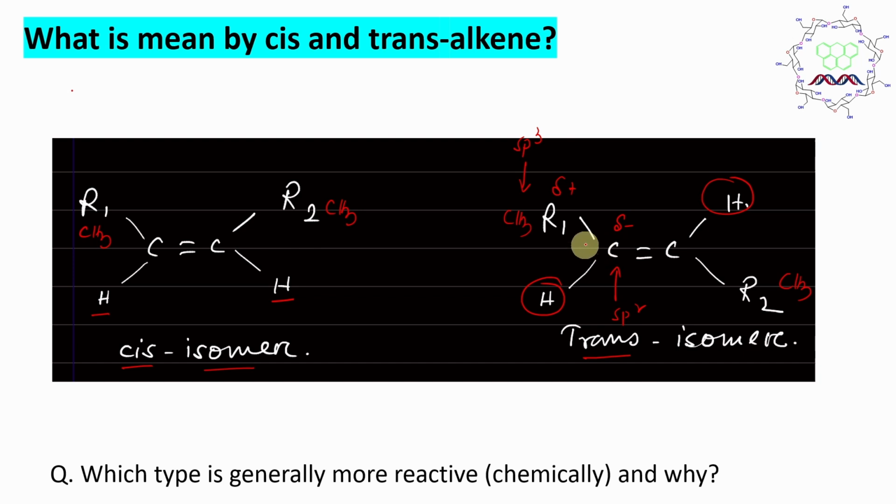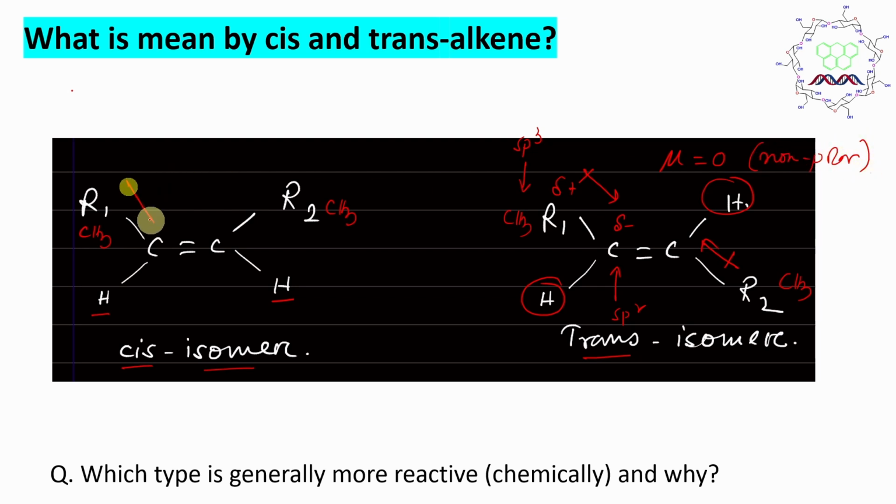I agree that this is a very small charge separation, but still it exists. So there will be a dipole moment working in this direction, and in this case also similar, in this direction. And since dipole moment is a vector quantity, both dipole moments are working in opposite directions, so the resultant dipole moment is 0. So you can say trans alkene is non-polar.